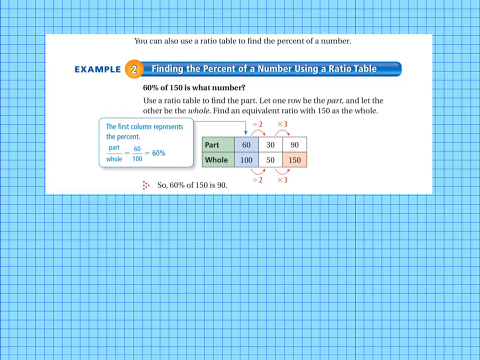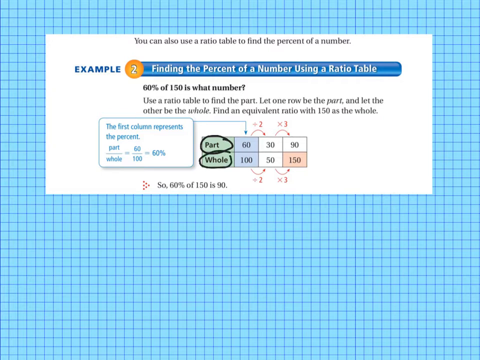Example 2, you can use a ratio table to find the percent of a number. I find this a little bit tricky sometimes for kids, but it is an option. So it says finding the percent of a number using a ratio table. So 60% of 150 is what number? Use a ratio table to find the part. Let one row be the part and let the other be the whole.